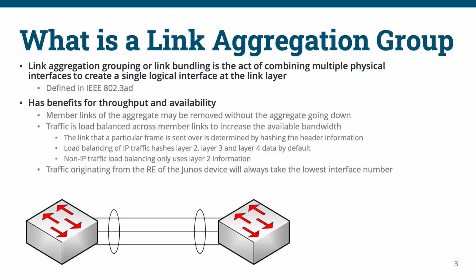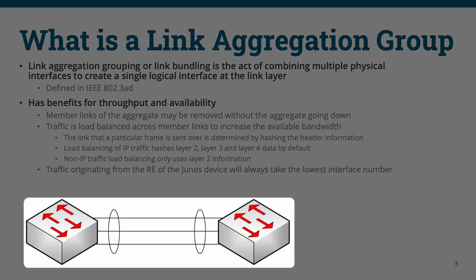Now, I say Layer 2 because 802.3ad groups connections at the link layer, or Layer 2 of the OSI model. Link aggregation groups, or LAGs, are often depicted in this manner, shown in the diagram. We'll have multiple links between two devices and a circle around them, indicating it is a link bundle, or LAG.